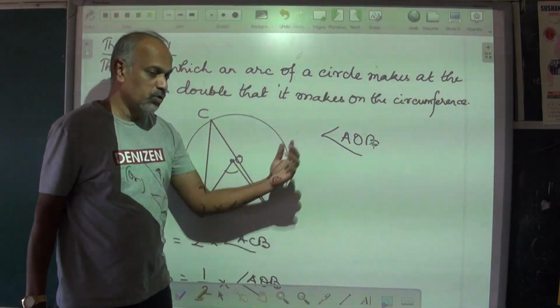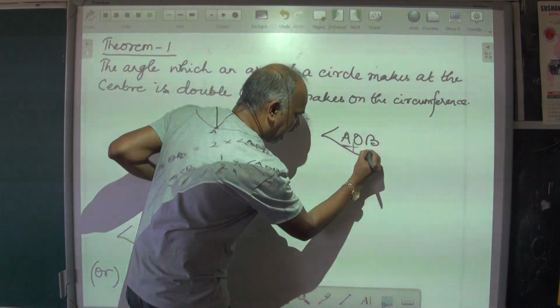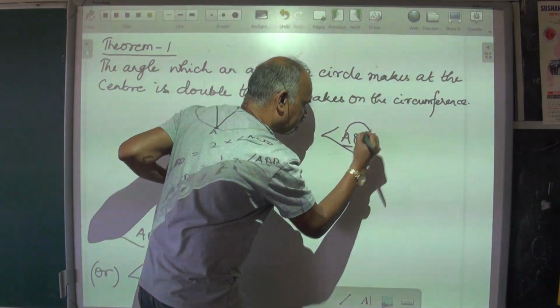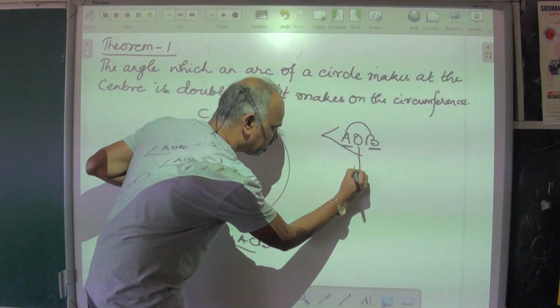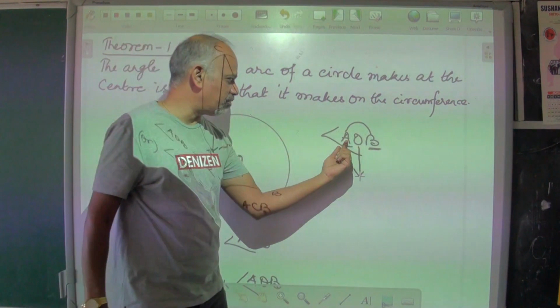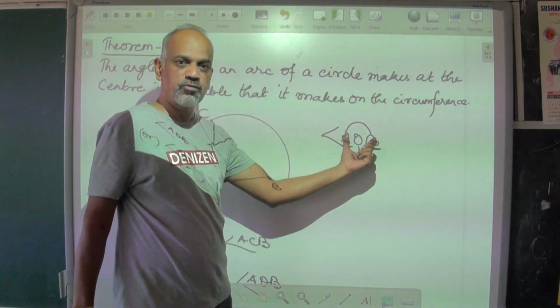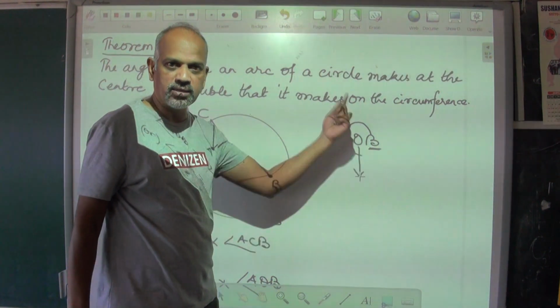Now, how do you know which arc makes it? The first alphabet and the last alphabet, these two together show which arc makes it, and the middle alphabet shows where the angle is made.